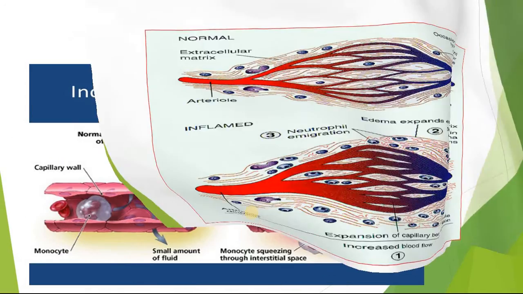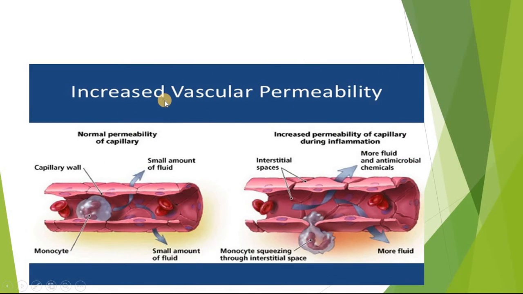The hallmark of acute inflammation is increased vascular permeability or vascular leakage. In normal condition, a minute amount of fluid may leak, but in inflammation there is some change.